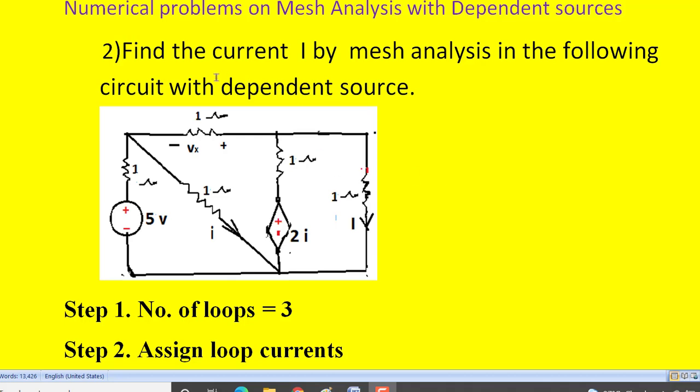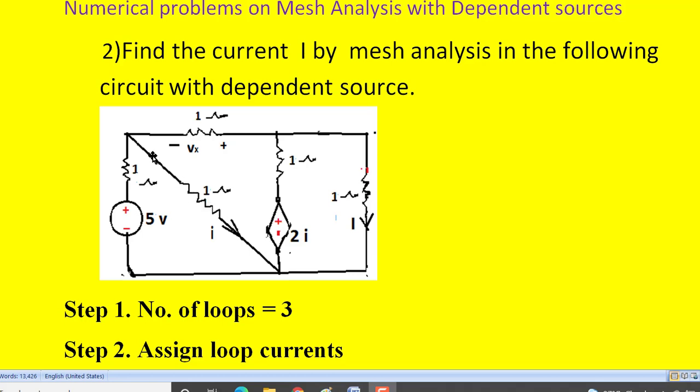And the problem given is like this. Find the current flowing in the 1 ohm resistor, that is I, by using mesh analysis with the dependent sources in the following circuit. If you look at this diagram, this is the 5 volt supply connected in series with a 1 ohm resistor.